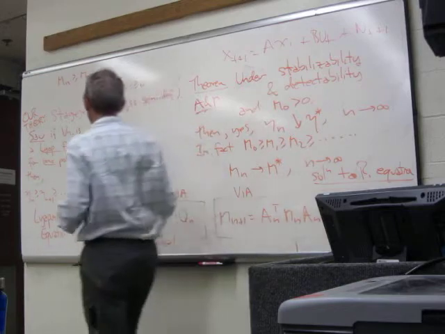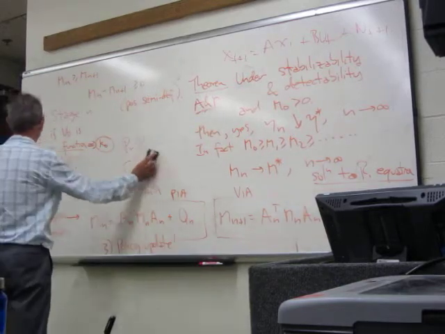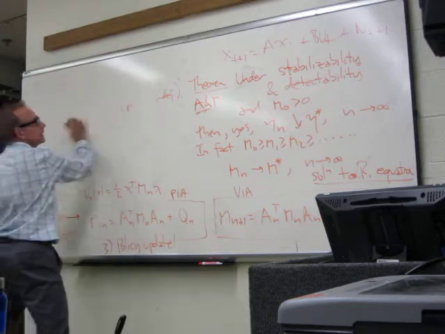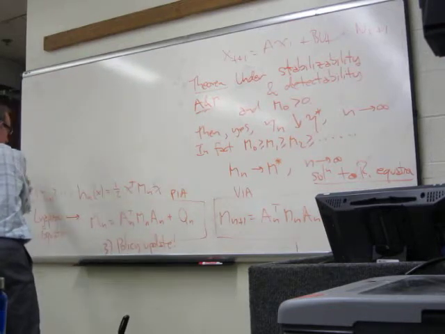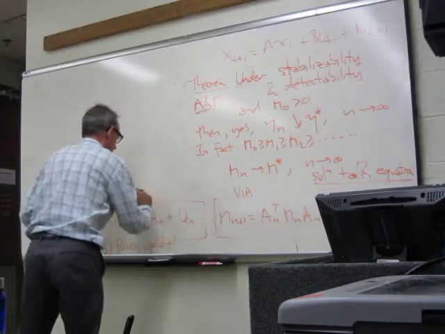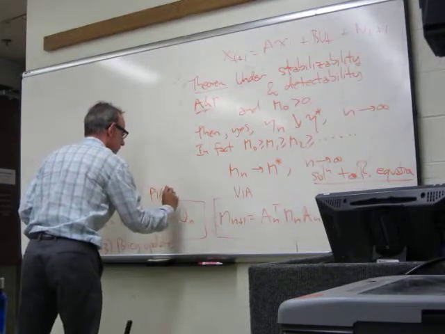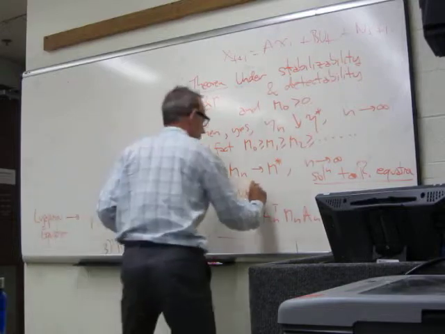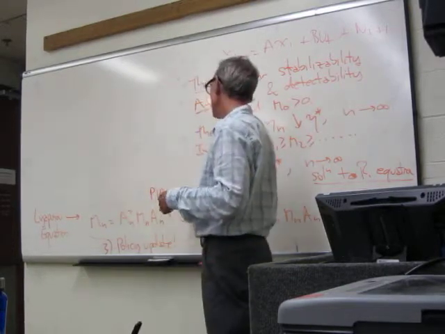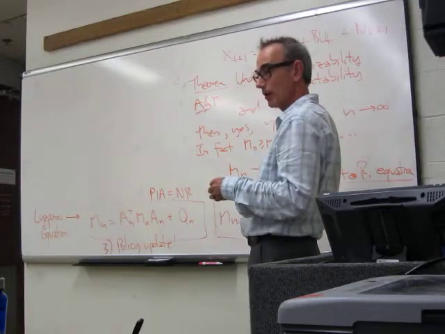Now, I've never seen this written down anywhere. Let me have a go. I don't think I've ever voiced this in public. Policy iteration is Newton-Raphson, and value iteration is stochastic approximation.